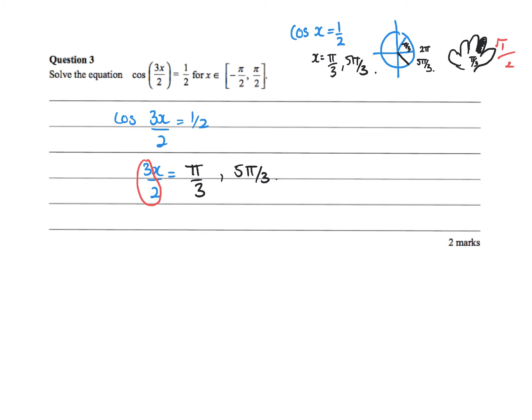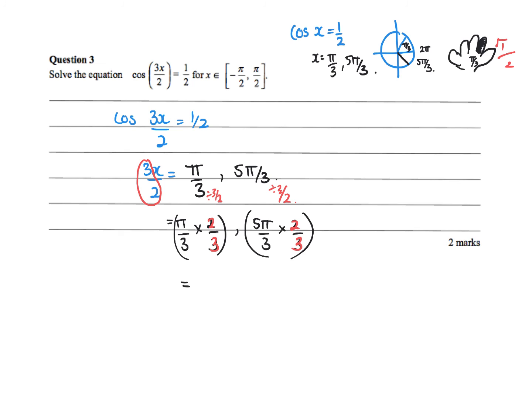So we bring it over and we're going to divide by 3 over 2. When you divide by a fraction, you times by the flip. So I'm flipping it over there. So that'll be one answer. And then you've got 5 pi over 3, and I'm going to times it by 2 over 3. And this will be my second answer. So there's me dealing with that 3 over 2 part.